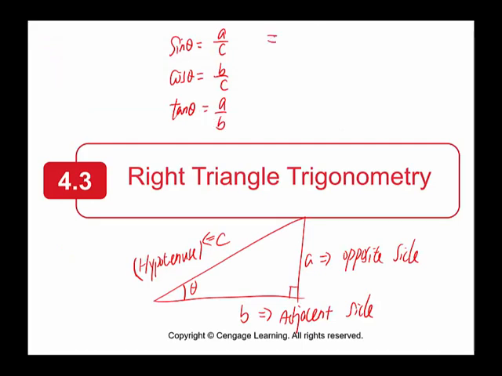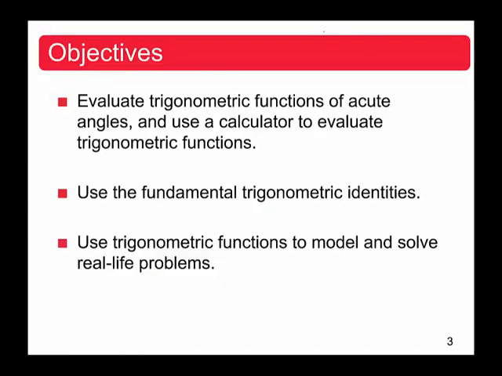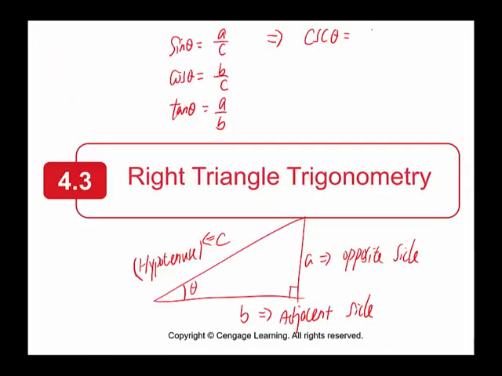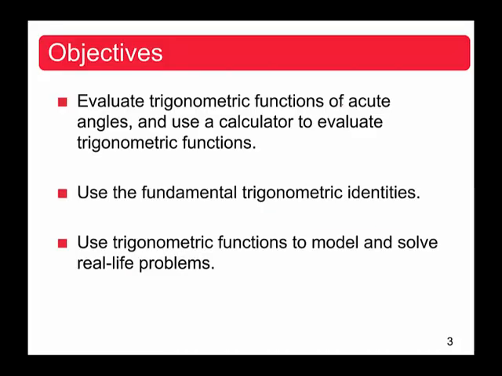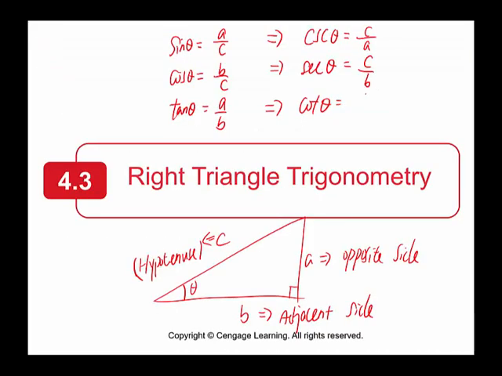And then cosecant will be the reciprocal of sine, so we get C over A. Secant theta is the reciprocal of cosine, C over B. And cotangent theta is the reciprocal of tangent, so it becomes B over A. So we define all 6 trigonometric functions here in this right triangle.